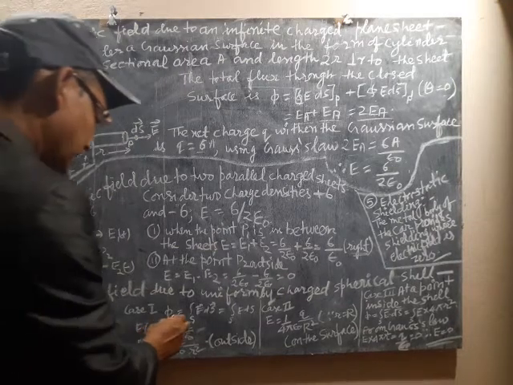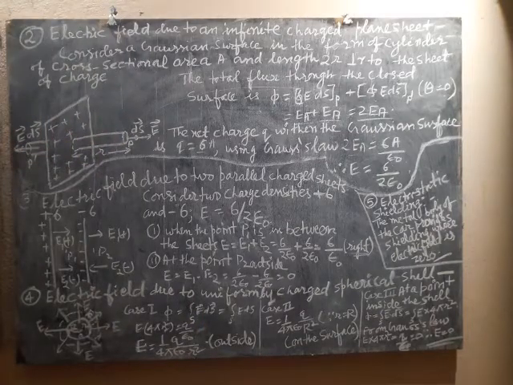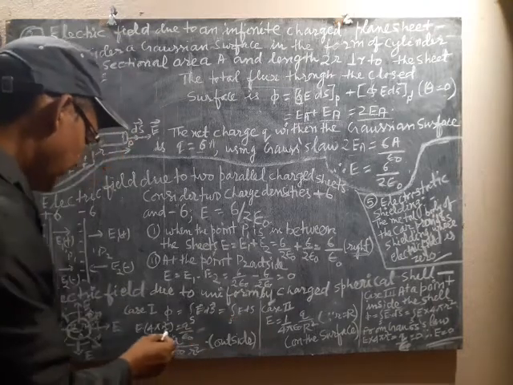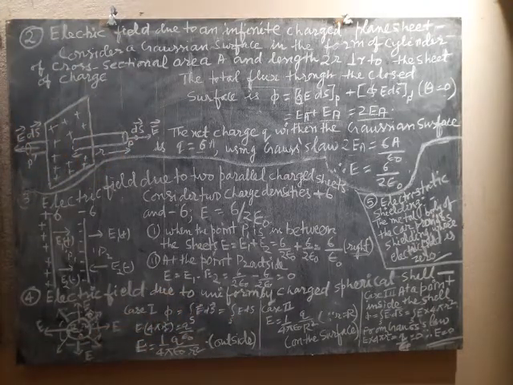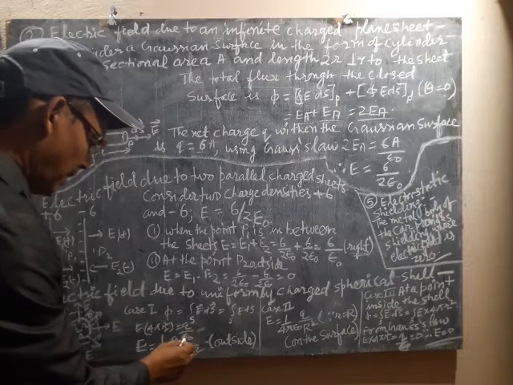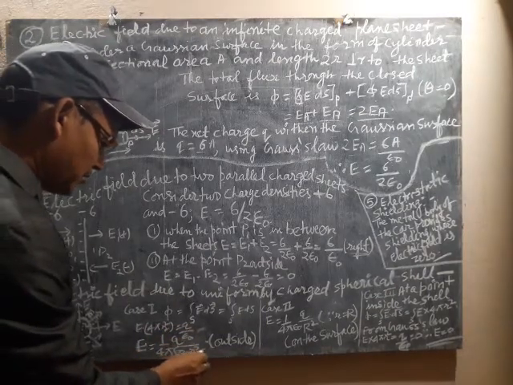Case first: phi is equal to E ds, from Gauss law, where ds is 4 pi r square. E into 4 pi r square is equal to q by epsilon 0, so E is 1 by 4 pi epsilon 0 q by r square outside.